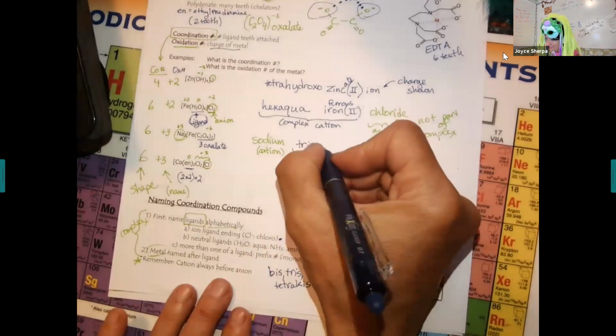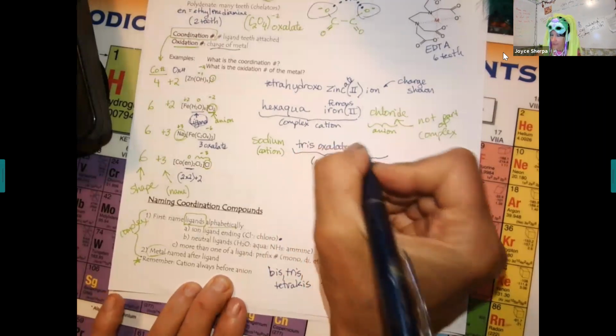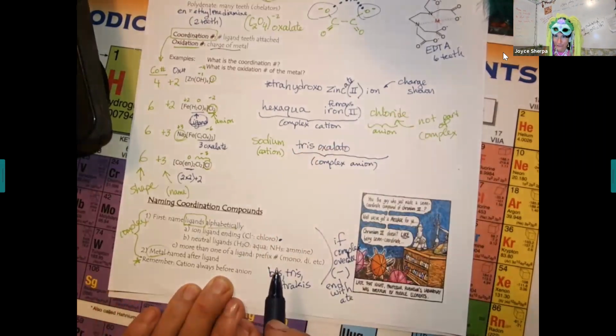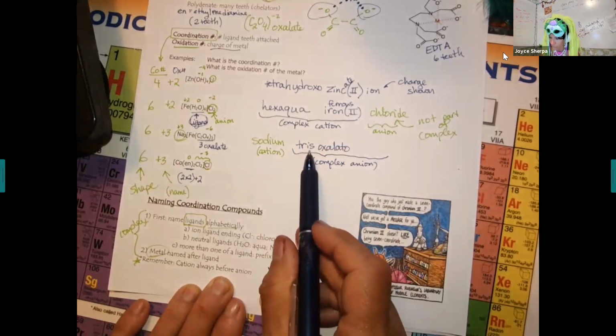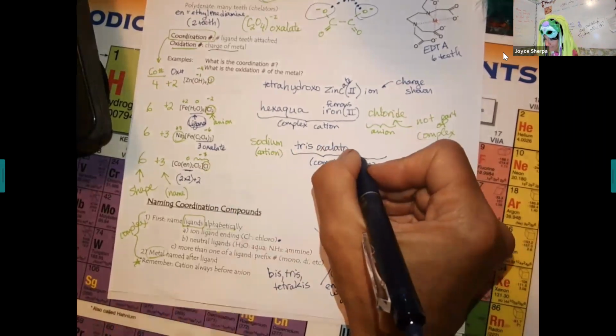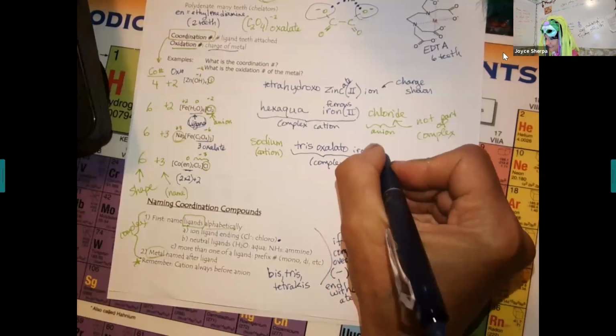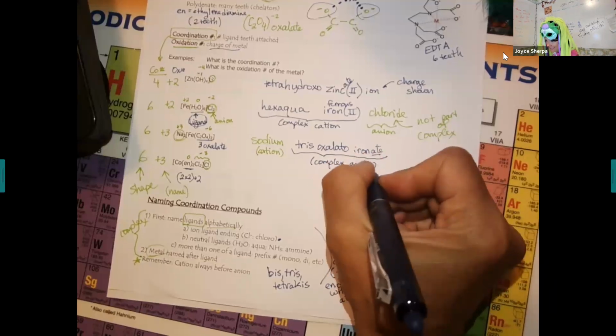So we say trisoxalato because oxalate has a charge. So it's not oxalate anymore, it's oxalato. So tris is that there's 3 of them. And then we say the iron with its charge. So iron, but it technically gets the -ate because it's an anion.